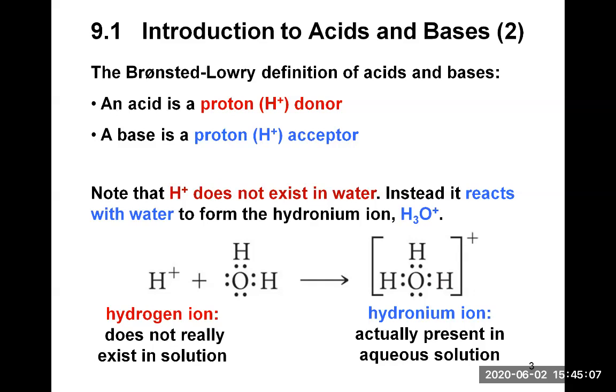One of the lone pairs can be shared and make a bond with the hydrogen. And so water becomes the hydronium ion that has 3 single bonds to the 3 hydrogens, and then 1 lone pair on the oxygen. That's a positively charged ion because H+ came with no electrons, so it's deficient by 1 electron. And that's what is actually present in aqueous solution. It's the hydronium ion, not the proton.